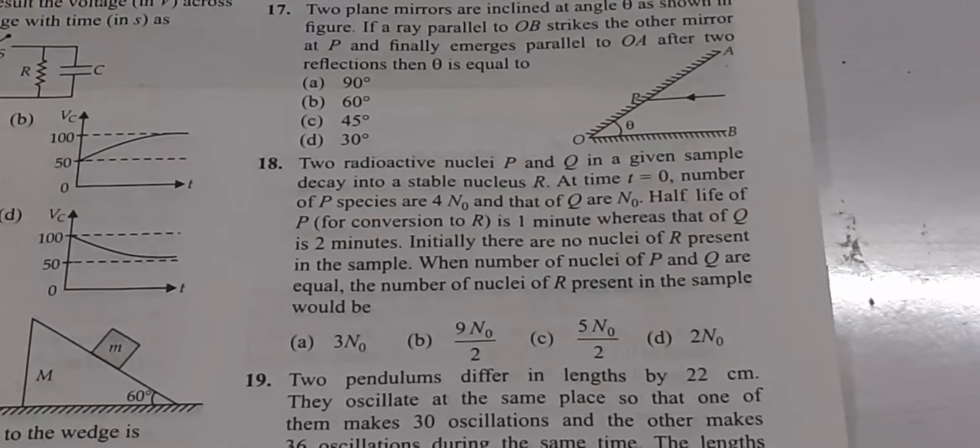The half life of P for conversion to R is 1 minute, whereas that of Q is 2 minutes. Initially, there are no nuclei of R present in the sample. When the number of nuclei of P and Q are equal, the number of nuclei of R present in the sample would be?